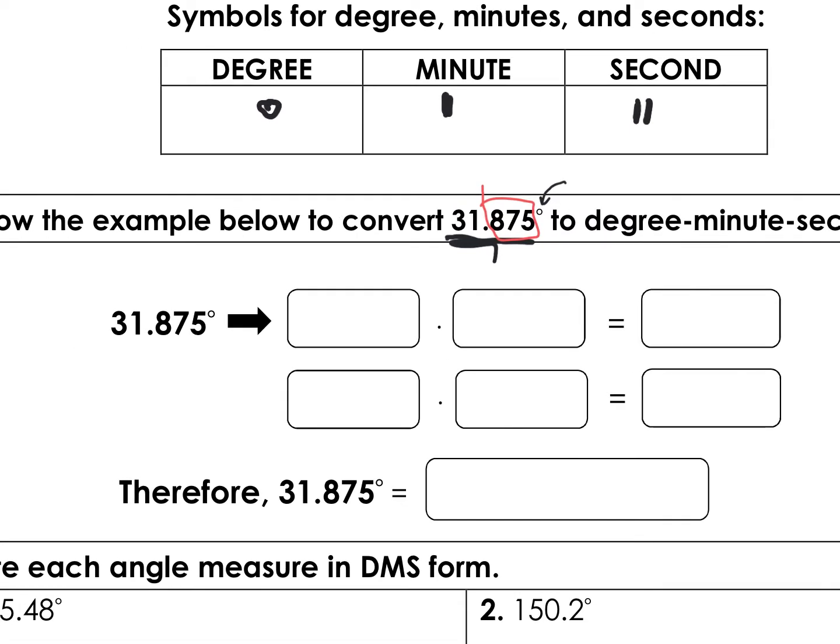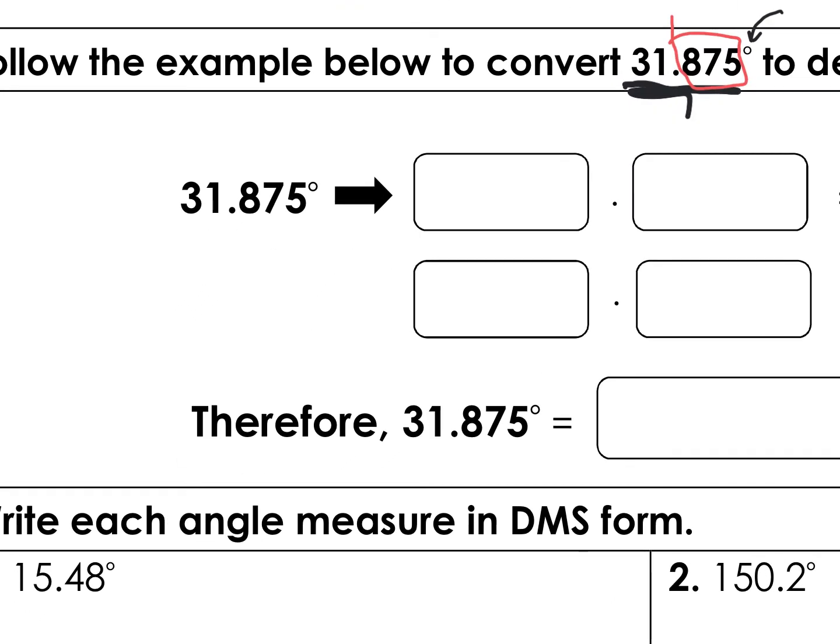So it's relatively very simple. If I look at this problem, 31.75 degrees, and I take my degrees and multiply it by minutes per degree, you'll notice that the degrees would cancel.